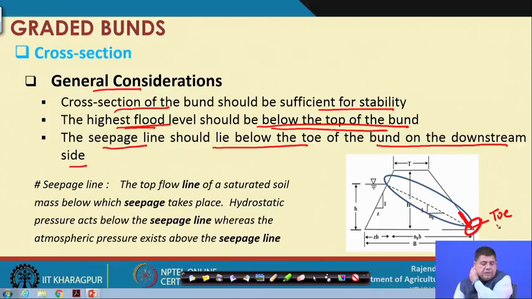There will be cutting of the toe, and then the entire structure will fail. That is why we should always ensure that the seepage line lies below the toe of the bund on the downstream side, and that the seepage line crosses the toe, or we can say the seepage line must pass through the base of the structure. That is what we always recommend.